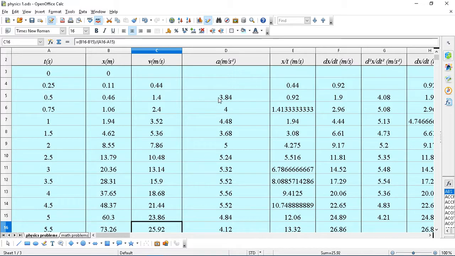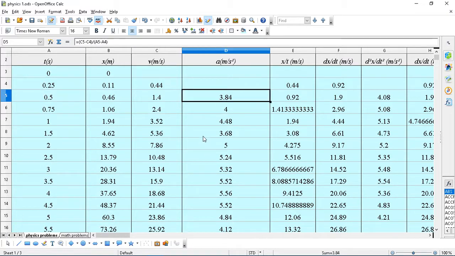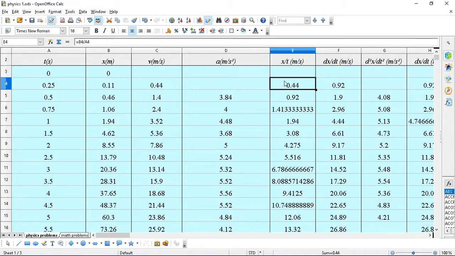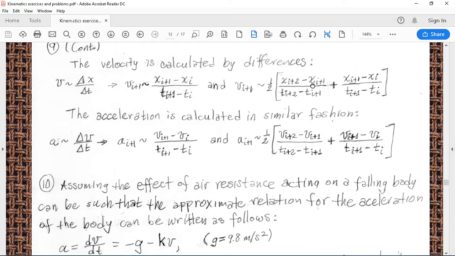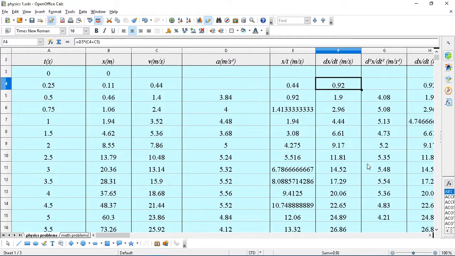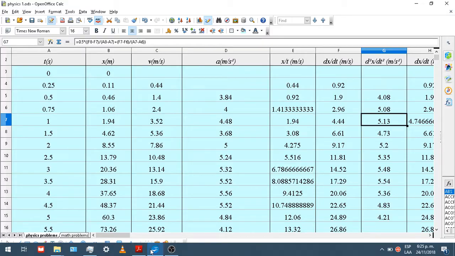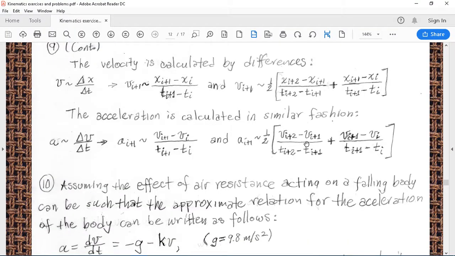You do the same thing for column D as well as for column E. That's the column for the ratios of x over t. This is the column for dx/dt in accordance to this formula here. This is the column corresponding to the use of this column here.